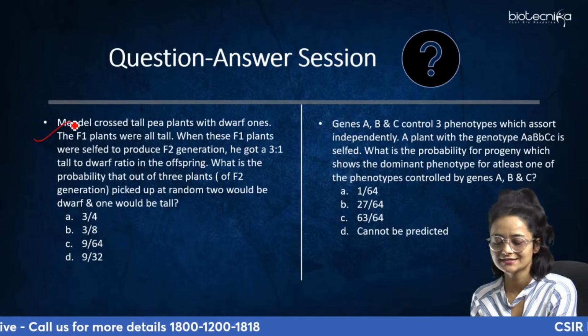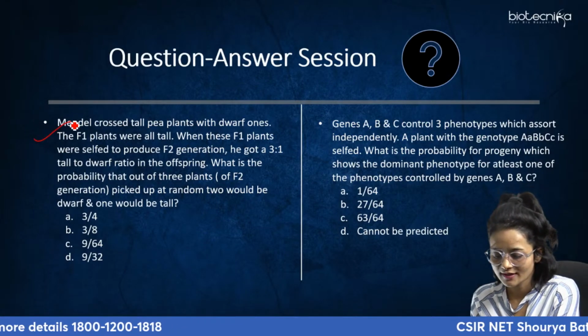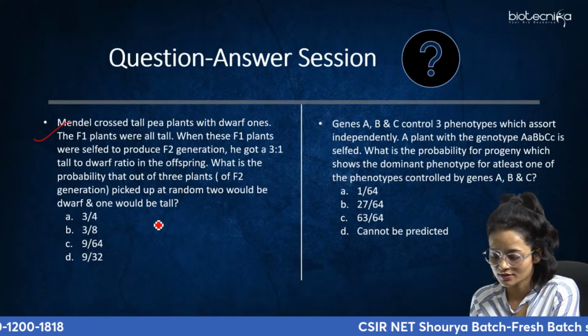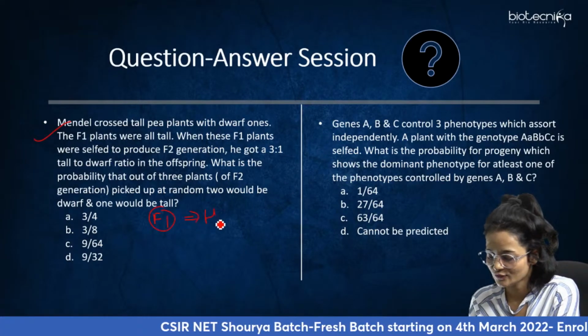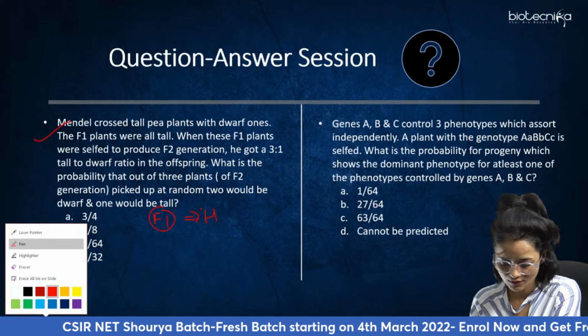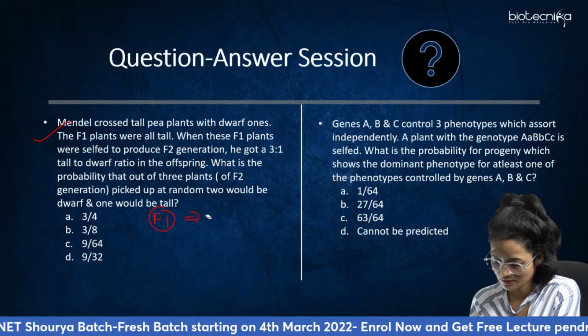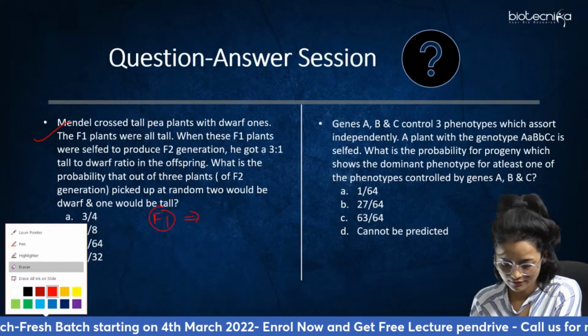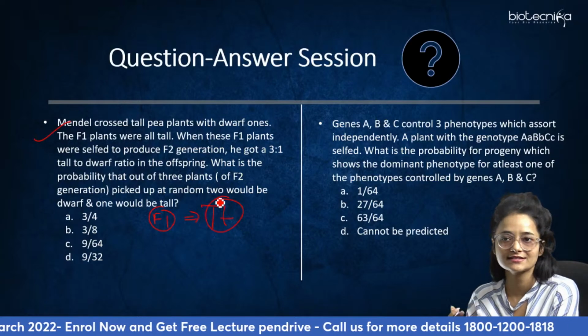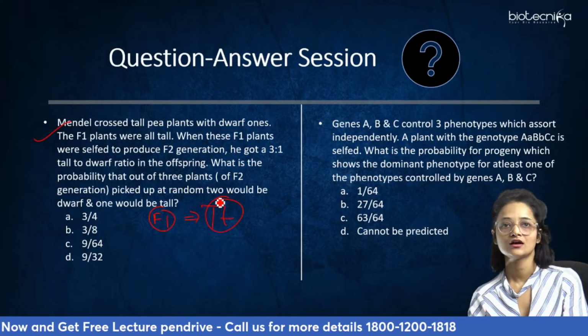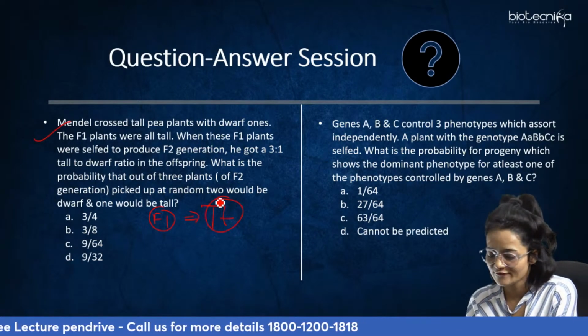So what does it say? The F1 plants were all tall. So the F1 progeny would all be tall and heterozygous, capital T, small t. This would be the genotypic makeup. Let us suppose we are taking the trait of plant height. So the F1 progeny is this.